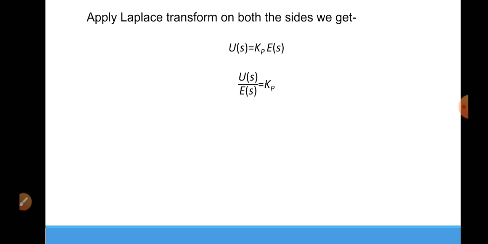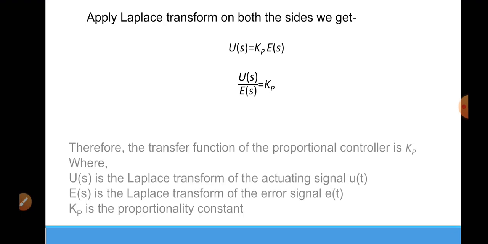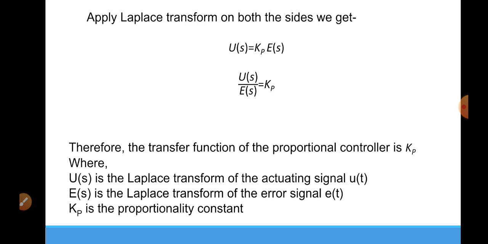If you take this E(s) to the left hand side, then it will be in the denominator. So U(s) divided by E(s) will give us the value of Kp. Now U(s) is nothing but your output, and E(s) is nothing but input. So output upon input is nothing but your transfer function. So Kp will be the transfer function of a controller.